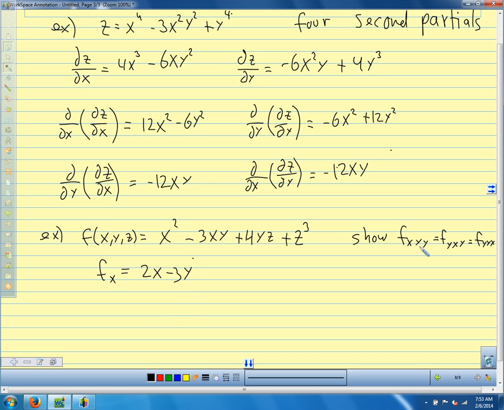And then let's do f sub xy. So this time I'm going across here, f sub xy. I get minus 3, and then f sub xyy. Partial of this with respect to y is 0.